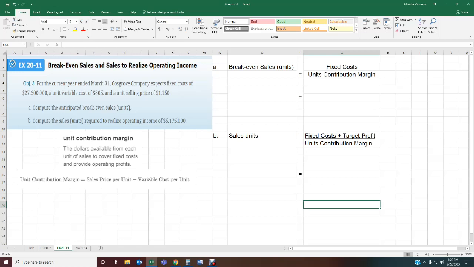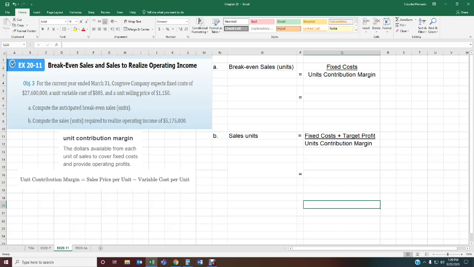So let's start with letter A. Compute the anticipated break-even sales in units. To calculate our break-even sales in units, we're going to get our fixed cost divided by our unit contribution margin.